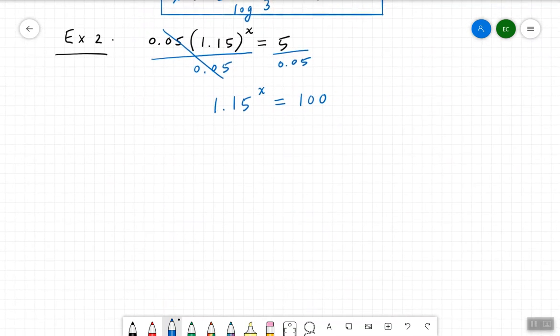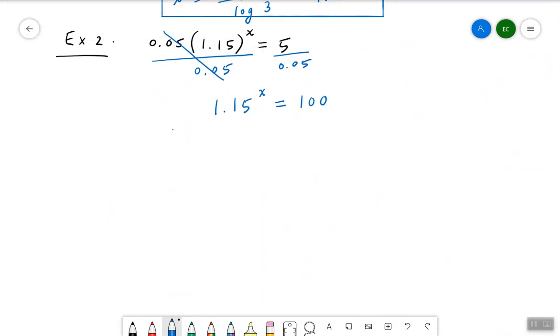So let's go ahead and do that. Let's take the common log on both sides. Let's bring the exponent down in front. X times the log of 1.15 is equal to, oh, I was going to write log of 100, but you know what that is, right?